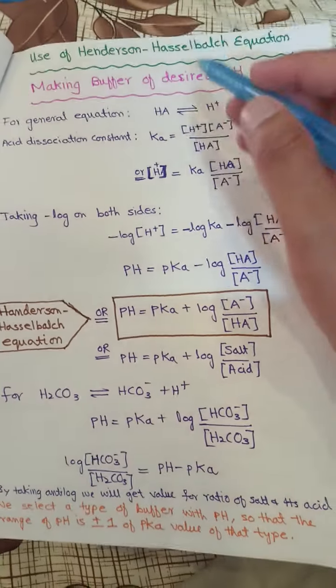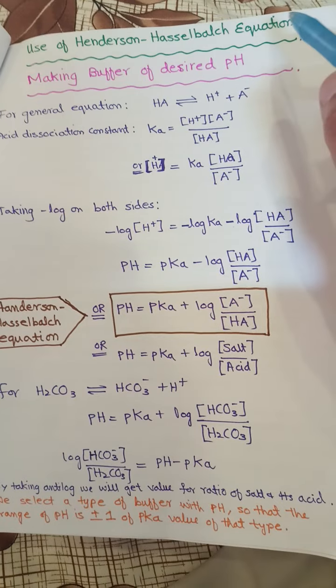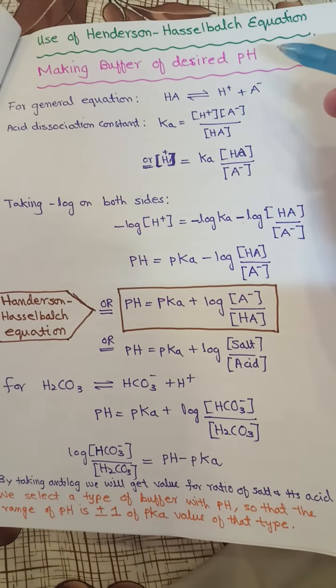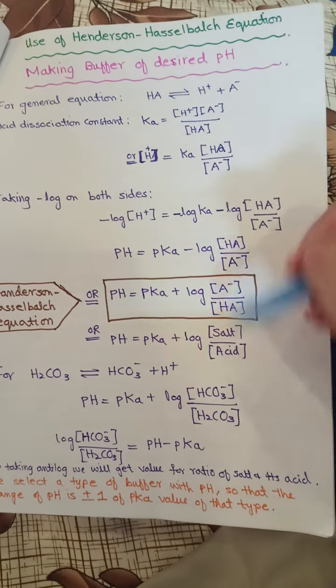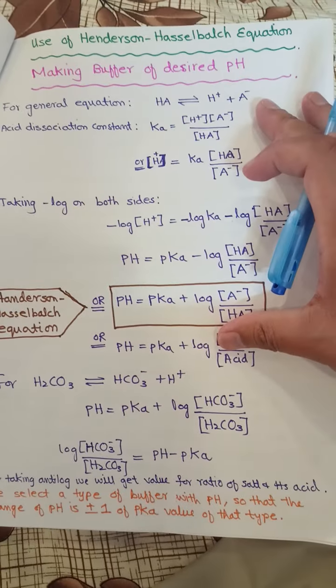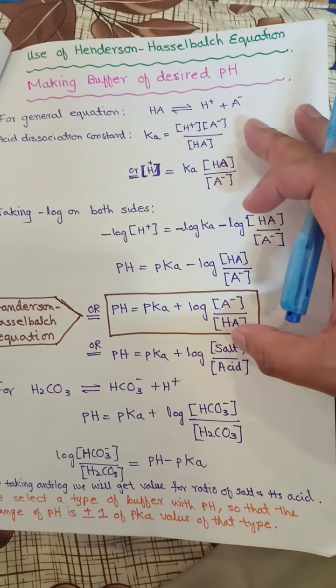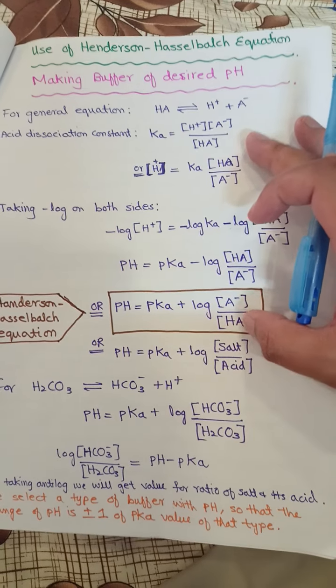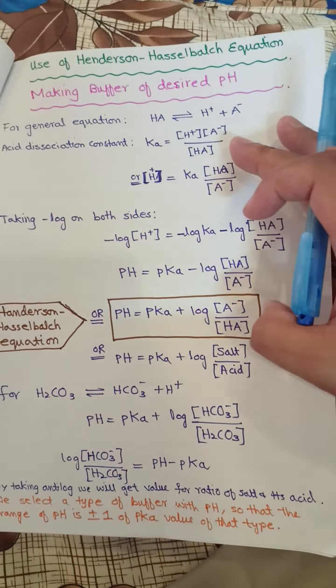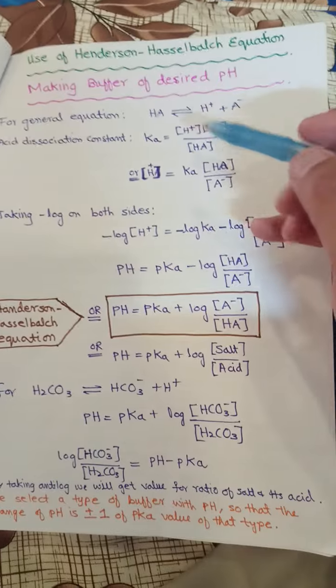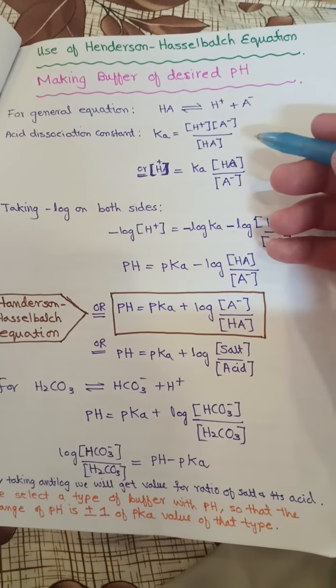Here we have a use of the Henderson-Hasselbalch equation, making a buffer of desired pH. Here is the derivation of the Henderson-Hasselbalch equation, and we have shown in most of our videos how we can use this equation to make a buffer of our desired pH.